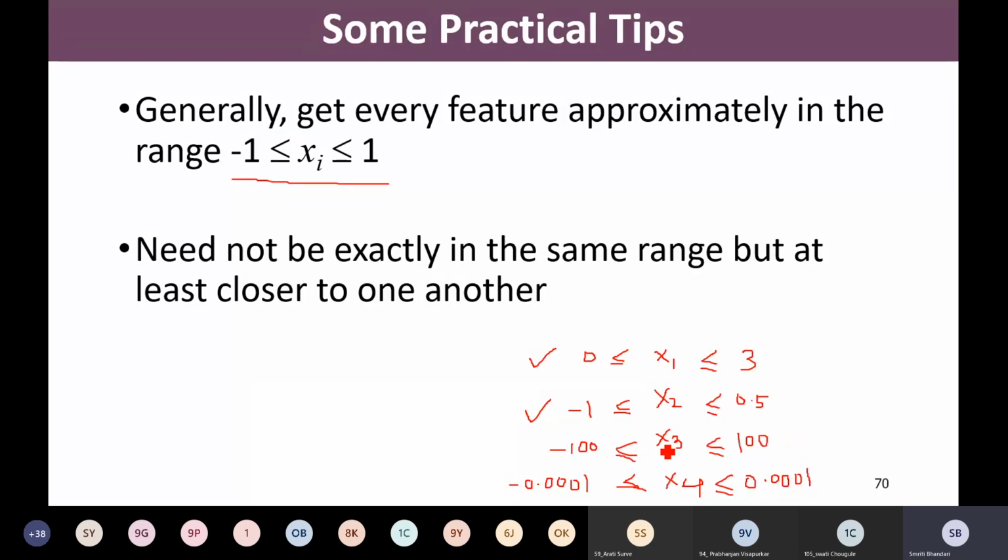But if at the same time x3 and x4 have such ranges, then we need to scale these features x3 and x4 so that we can make them closer to the earlier ones. So this is just one practical hint that we should follow. Let us make sure henceforth whenever we implement gradient descent and regression that our features have similar scales.